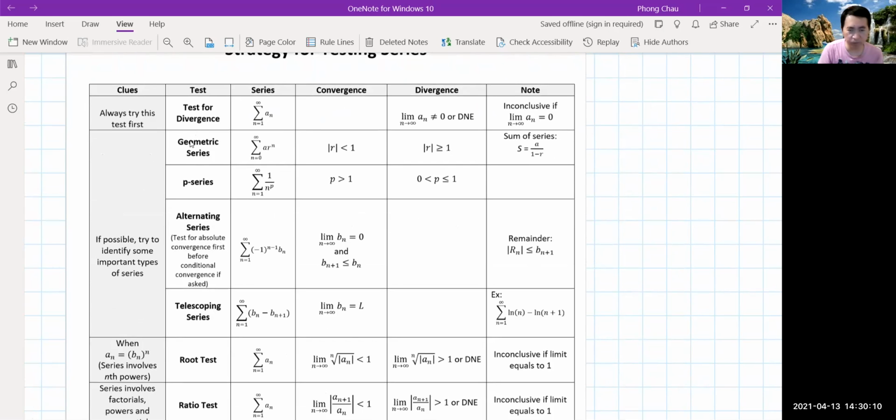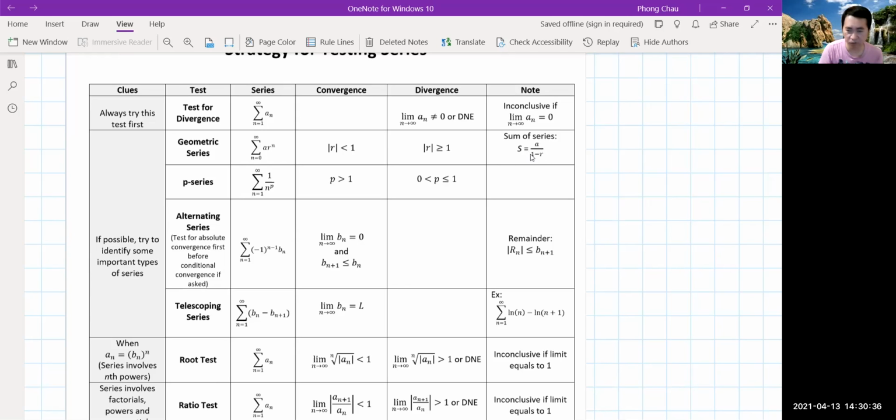The geometric series is the one that has the form a times r to the n, or maybe to the n minus 1. Remember that one? So you have to figure out the common ratio. If the common ratio in absolute value is smaller than 1, the series converges. Bigger than or equal to 1, it diverges. And notice that when it converges, the sum will be a over 1 minus r.